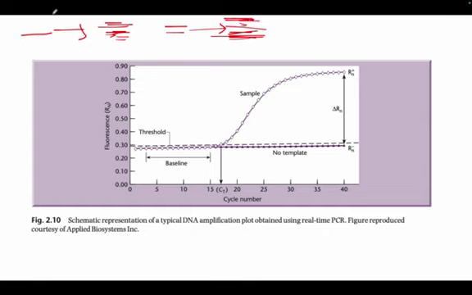Because here if I have one template, okay, then after one cycle I'll have 2, after 2 cycles I'll have 4, etc. But if I have 2 template molecules, then I already have 2 molecules in the first cycle. So after 1 cycle I will have 4. After 2 cycles I will have 8, and so on.